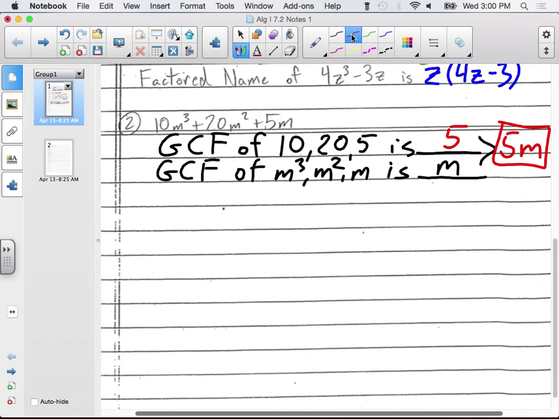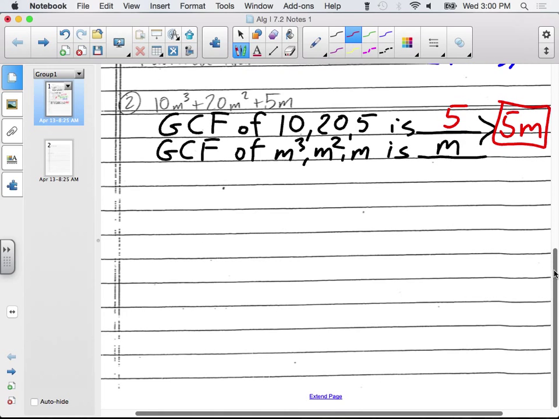That's going to be the first part of our answer. Next thing we do, we divide each term from our original polynomial by 5m, our greatest common factor. So I'll do the first one with you guys. 10m cubed divided by 5m. 2m squared.